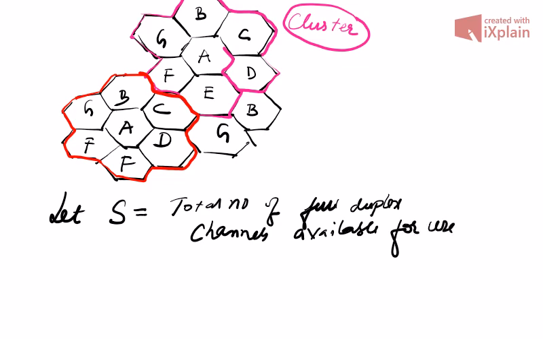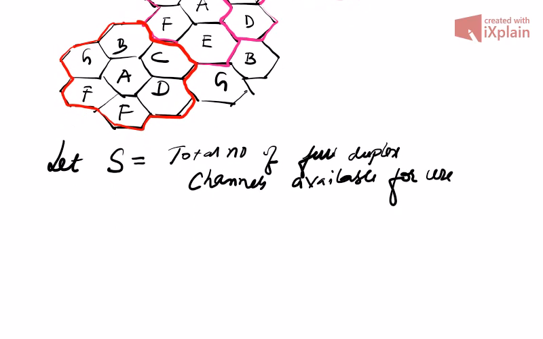One important thing I would like to tell you is that in wireless communication, especially mobile communication jargon, when we say a channel, it means transmitter and receiver communicating at a particular frequency.